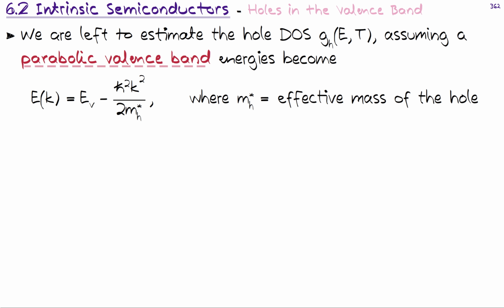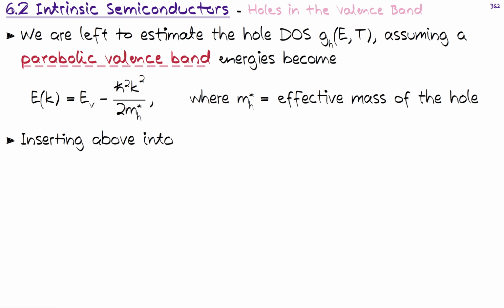This is the effective mass of a hole, and of course it depends on the curvature of the valence band. And please note what this tells us: when we have k equals 0, this kinetic term vanishes and we are left with the EV value. This is certainly the case when we look at the band dispersion and band diagram: at k equals 0 the valence band has its highest value, and then it's a parabola pointing downwards.